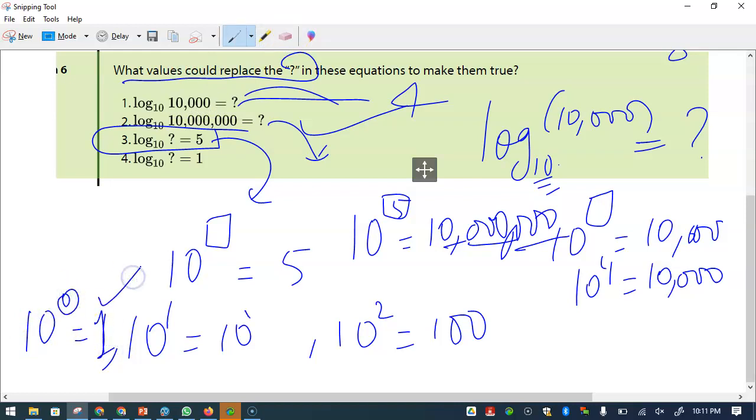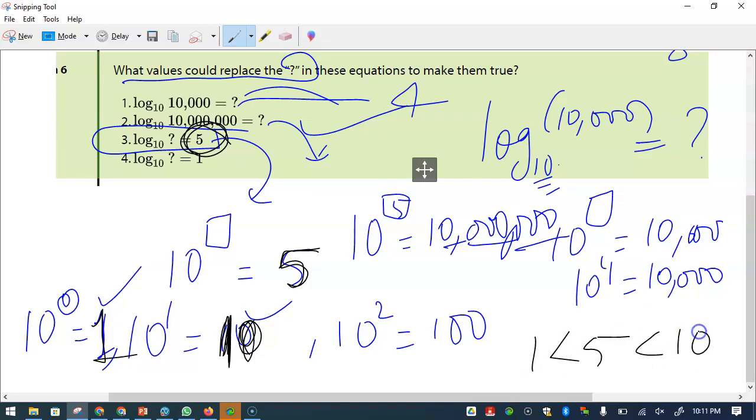So you have a 1 and a 10, and this 5, which they gave us here, see 5, this black one? This 5 is between 1 and 10. So that means the value has to be between 0 and 1. So the answer has to be between 0.